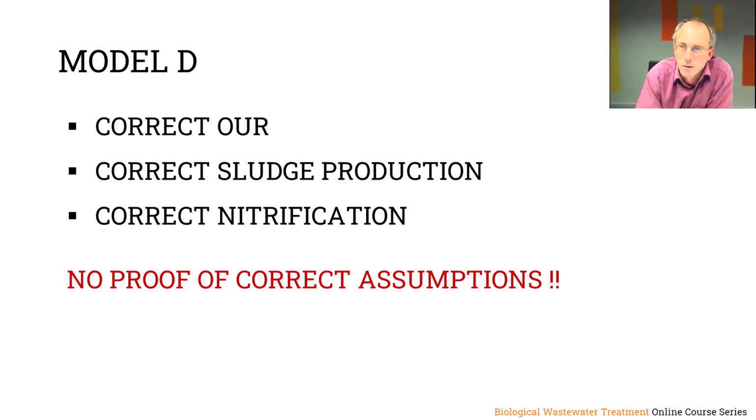This means that for our goal we can have a correct and good model, but this doesn't mean that our assumptions are correct. The assumptions we put in delivered a mathematical description which is good enough for our purpose. And for instance, one of the assumptions we did not make is we could have added protozoa.